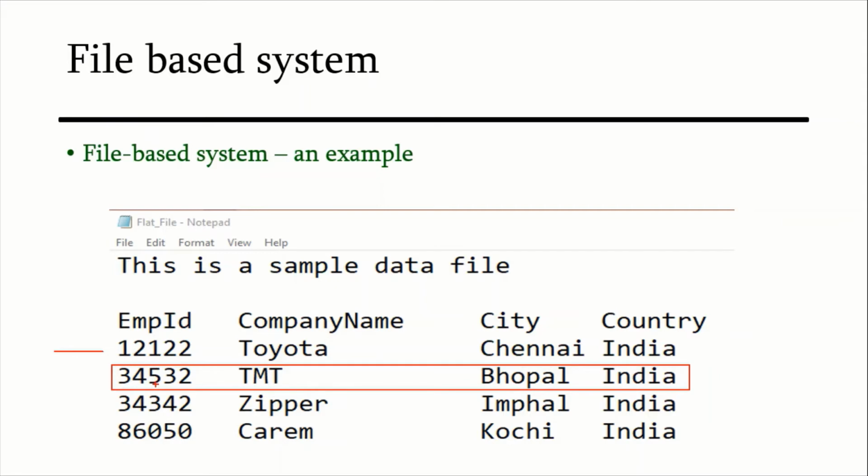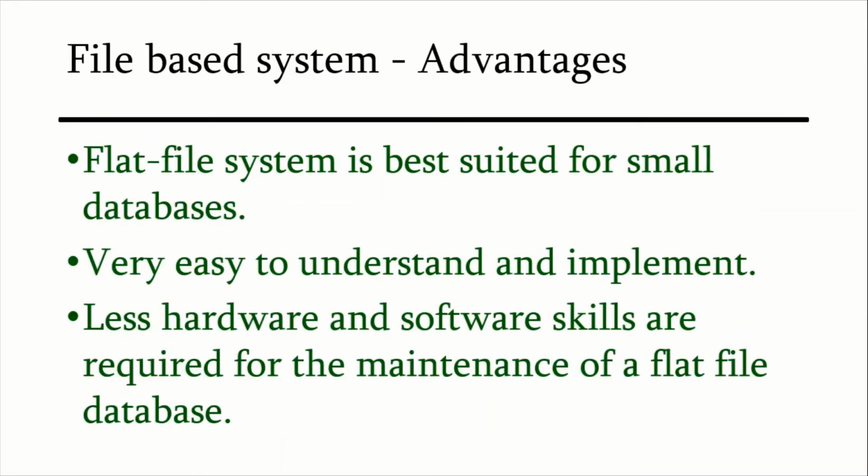This is field 1, field 2, field 3, and field 4. So in this way, if you store the details of a company in a single file, it is called a flat file. Now we see the advantages and disadvantages of using flat files.